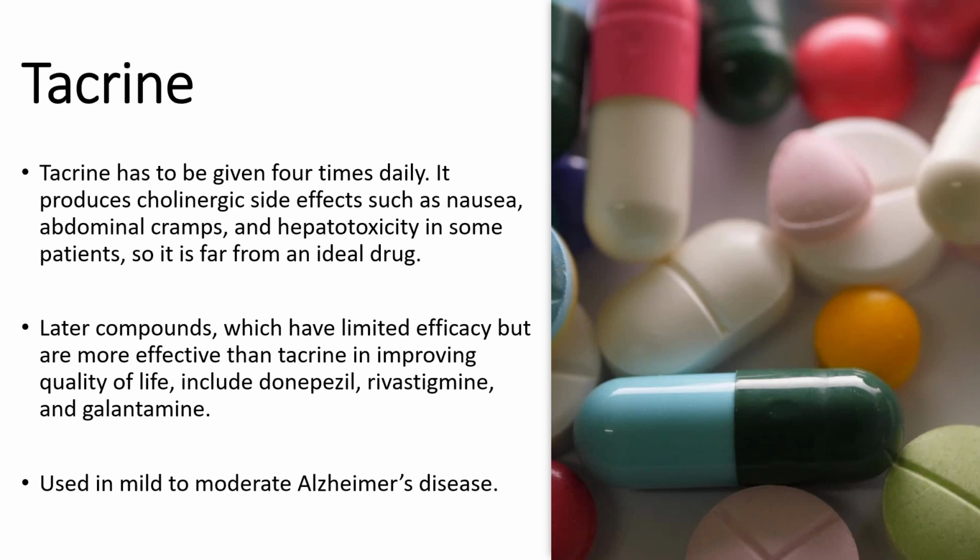For example, it had to be given 4 times a day, and it has a lot of cholinergic side effects including nausea, cramps, hepatotoxicity. So later improved drugs that have limited efficiency, but they are more effective in improving quality of life, including donepezil and rivastigmine, galantamine, were added in the treatment options.